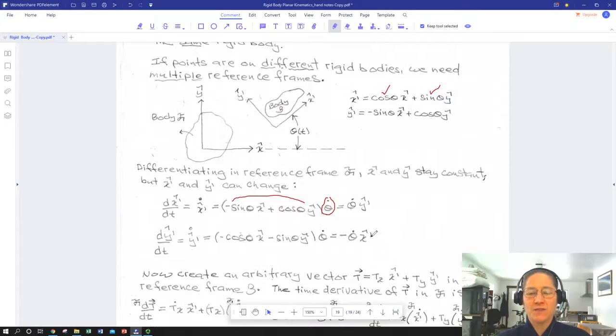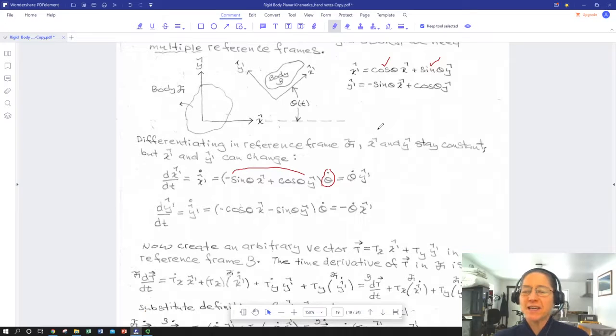Okay, so now that we have these relationships, let's take a look at what would happen if we had some arbitrary vector t here in body B, or in its reference frame somewhere. So it's looking like it's almost parallel to the x-axis.